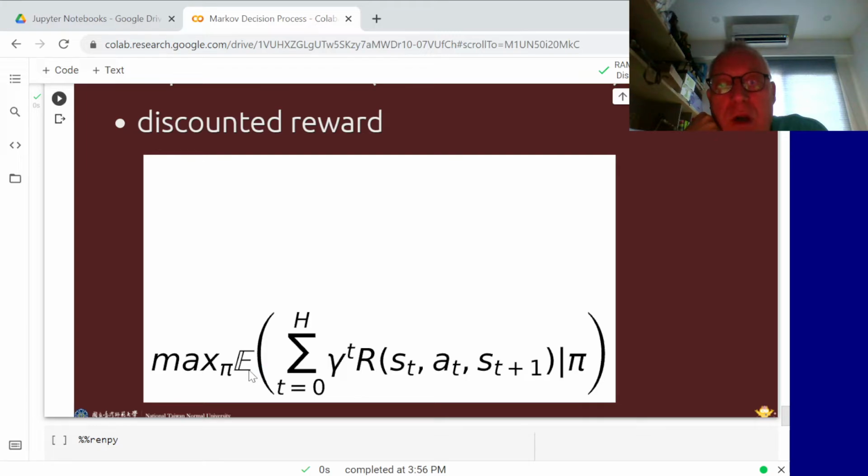For the reward that I get moving from state st by choosing action at to end up in state st plus 1, this action is selected by the policy pi here. So it's parameterized based on the policy pi. And here I have the discount factor, gamma to the power of t.